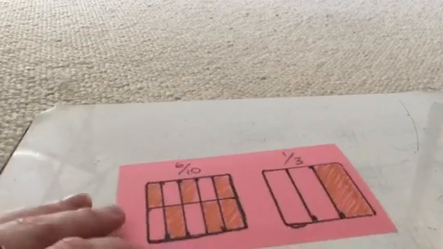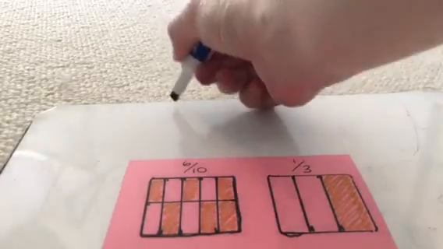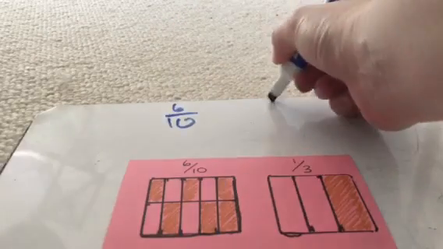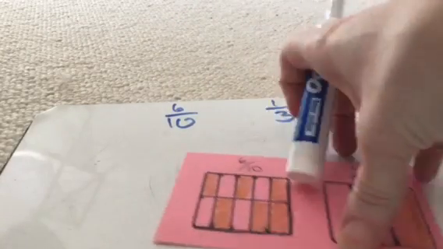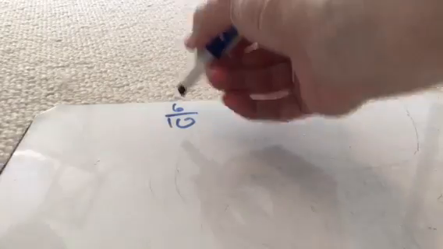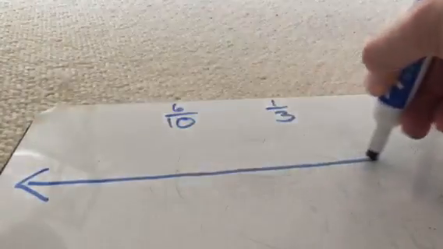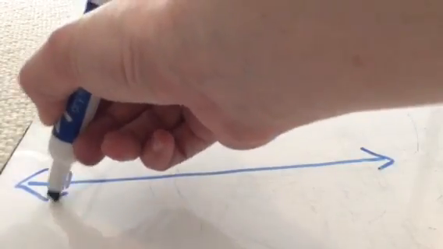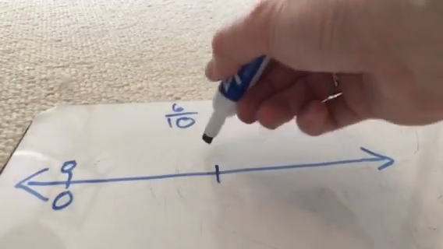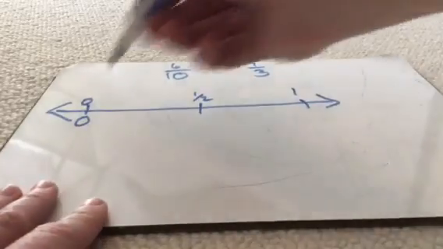Okay, write down your fractions. We've got 6/10 and we've got 1/3. Okay, and this is where it's going to get a little trickier. All right, so let's get the tenths number line set up. So 0, 1/2, and a whole. 0/10.